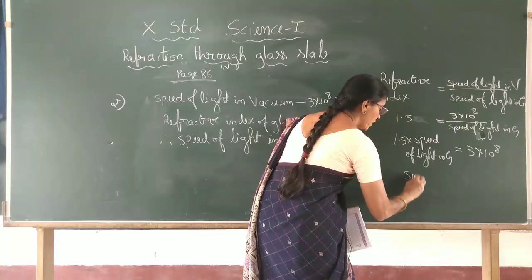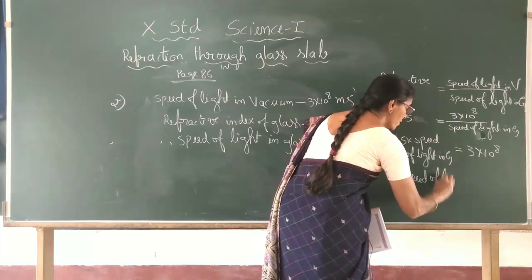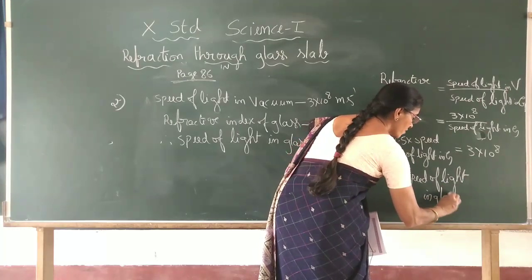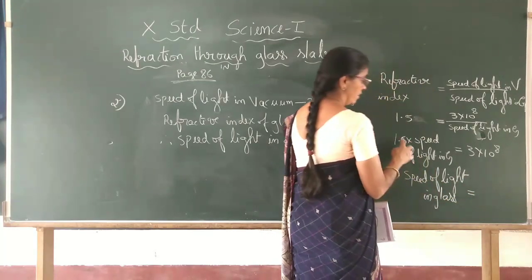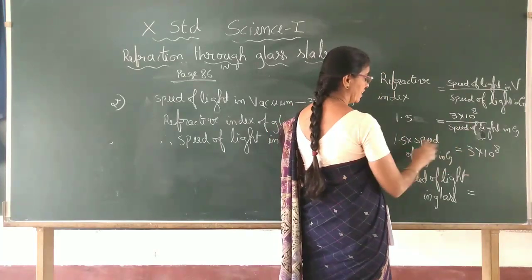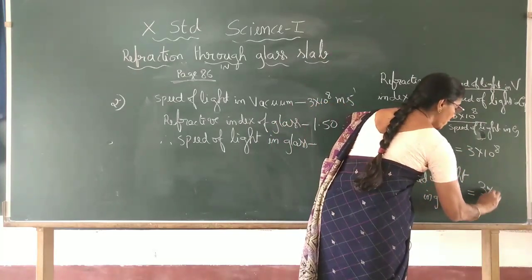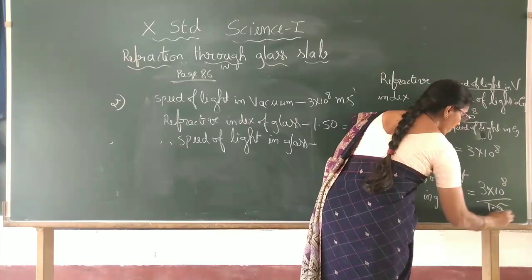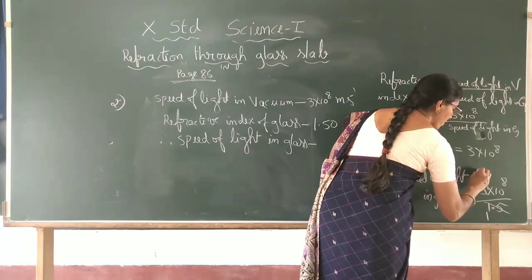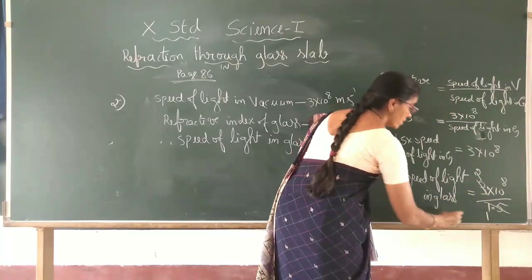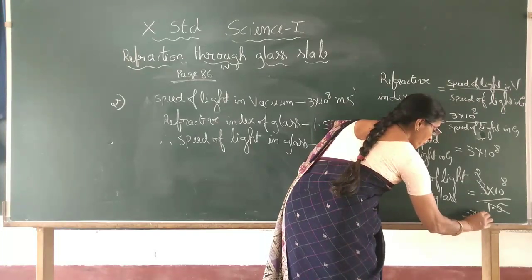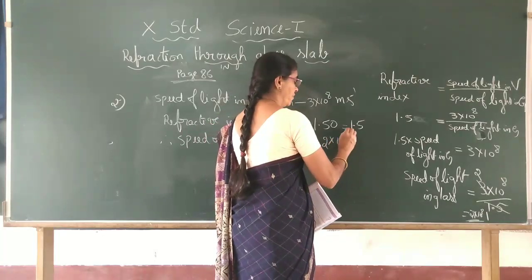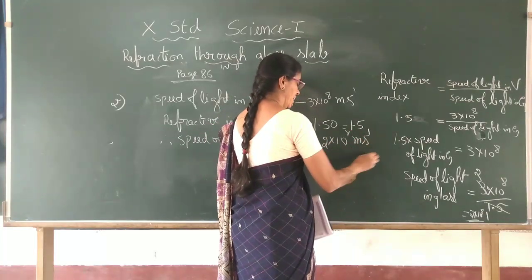You want the speed of light in glass, so it is equal to 3 into 10 to the power of 8 divided by 1.5. So 1.5 times 2 is 3. So it is 2 into 10 to the power of 8 meters per second. That is the speed of light in glass.